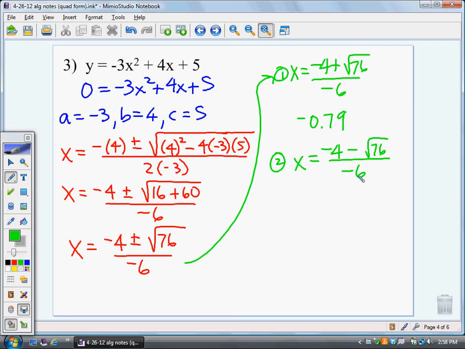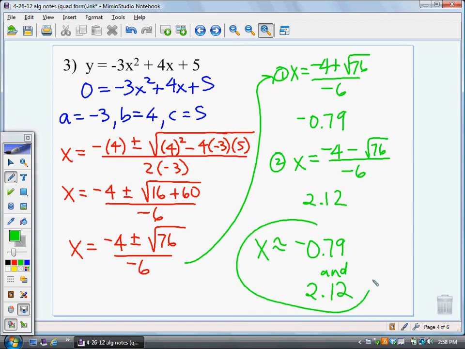And if you do that, you're going to get about 2.12. And so x is approximately equal to negative 0.79 and 2.12. And so this particular quadratic function, this parabola, we cross the x-axis at almost negative 1, a little more than negative 3/4, and then a little bit to the right of 2. So that's how you use the quadratic formula to find your two solutions.